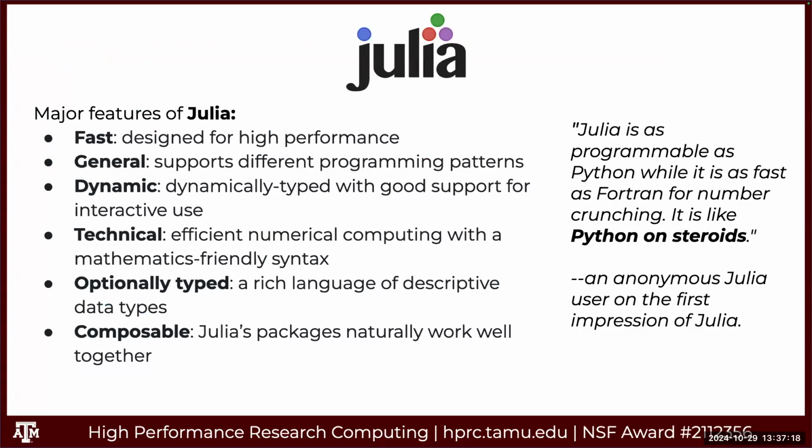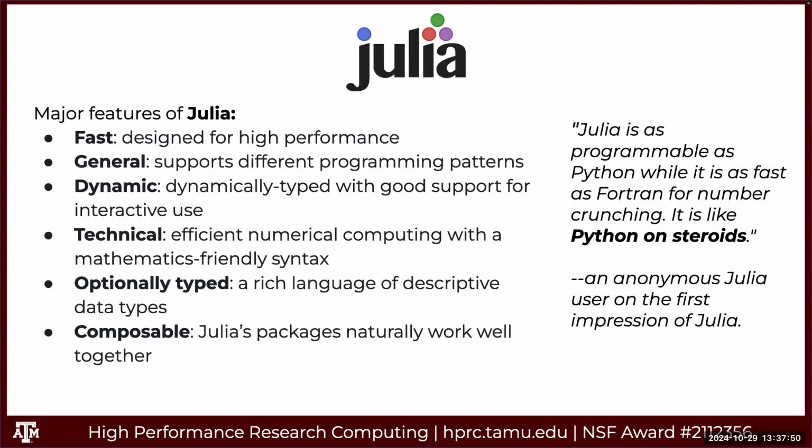Some of the major features of Julia is that it is very fast. On the right here, you can see that somebody called Julia Python on steroids. It really is structured very similar to Python, except under the hood, it's much faster. It's a general language, supports a variety of different programming patterns.